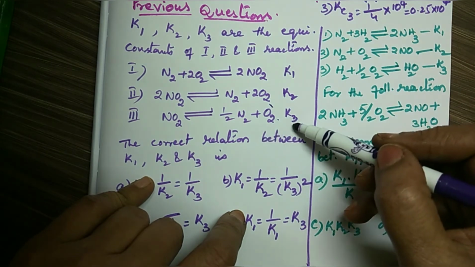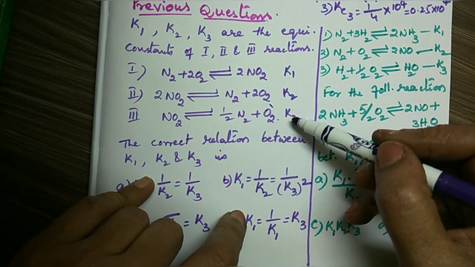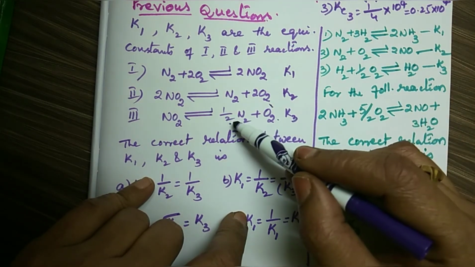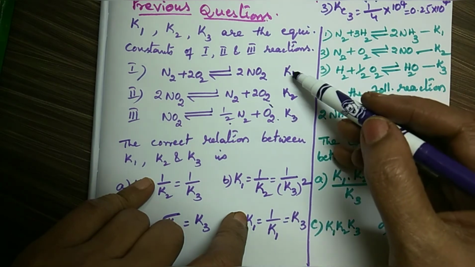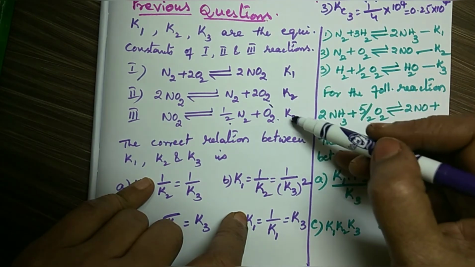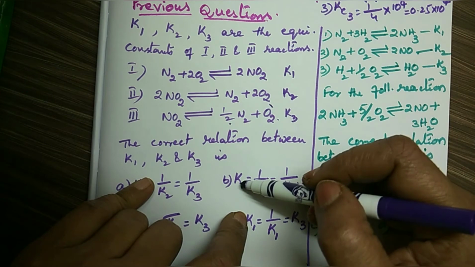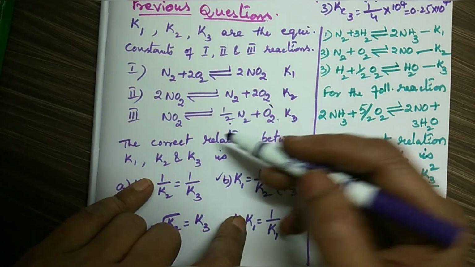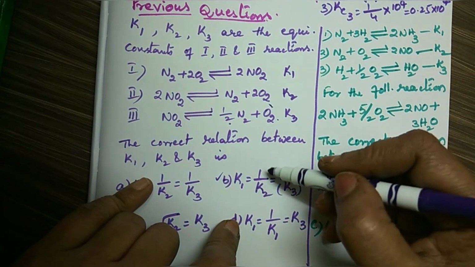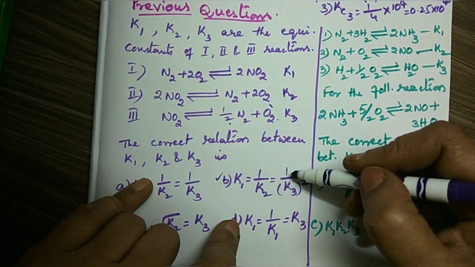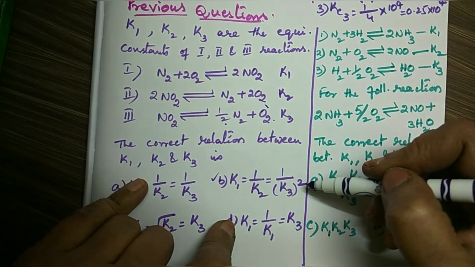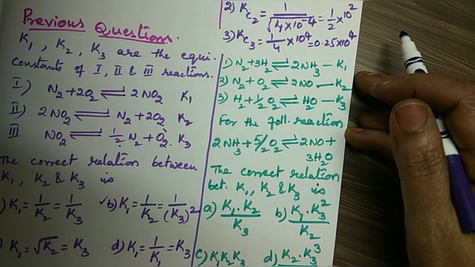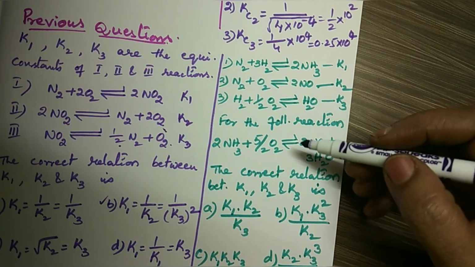So for K3, if we increase the concentrations to double, then K3 will be equal to K1. So K3 square will be equal to K1. So this is the option for this question: K1 is equal to 1 by K2 is equal to 1 by K3 square. Right?